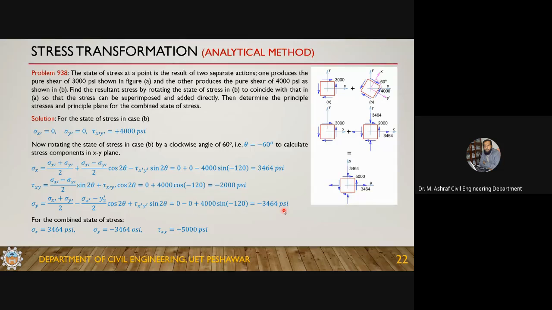So now you got the stresses in the xy plane. Sigma x is plus 3464, sigma y is minus 3464, and the shear on this xy plane is minus 2000.